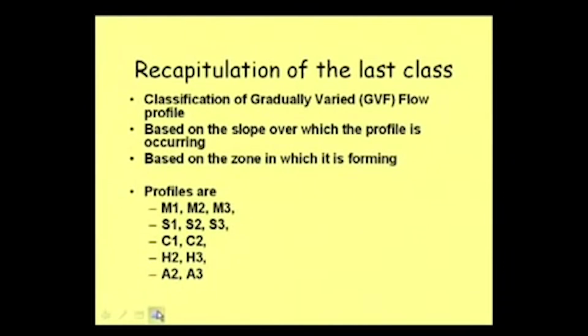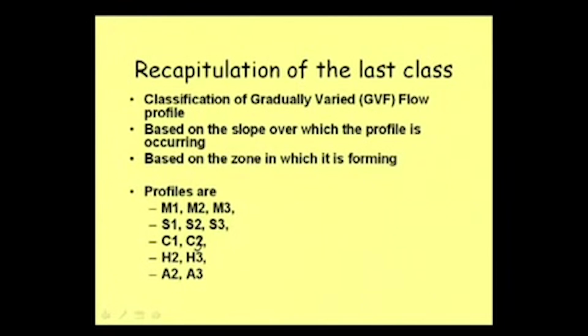into 12 different types: M1, M2, M3, then S1, S2, S3, and for critical slope we have C1 and C3. Why is C2 not existing?